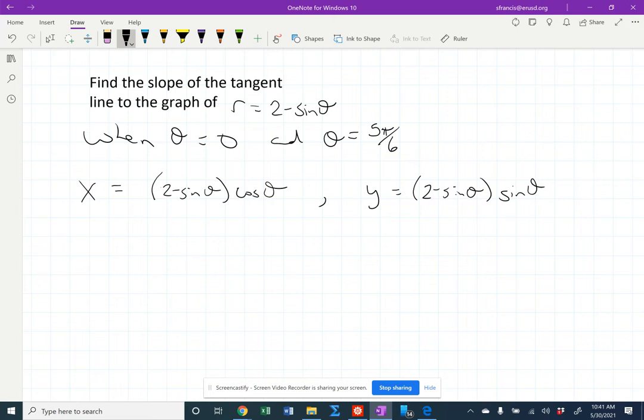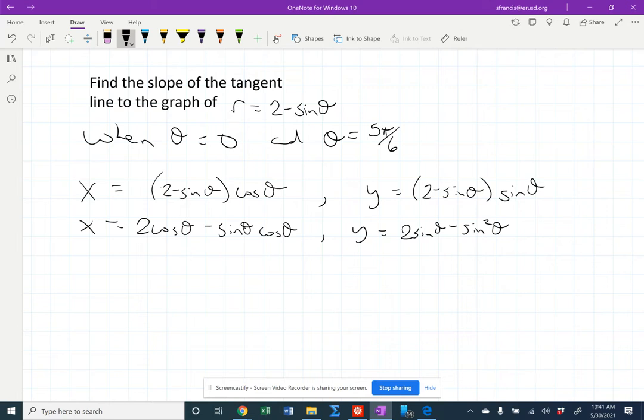Now we're going to go into doing some calculus here. Now you can simplify this first if you want. It might be a good idea to distribute. So you get 2 cosine theta minus sine theta cosine theta for x, and y is going to be 2 sine theta minus sine squared theta. That might be helpful, might not, I don't know for you personally.